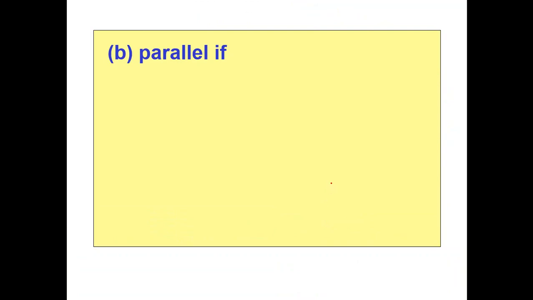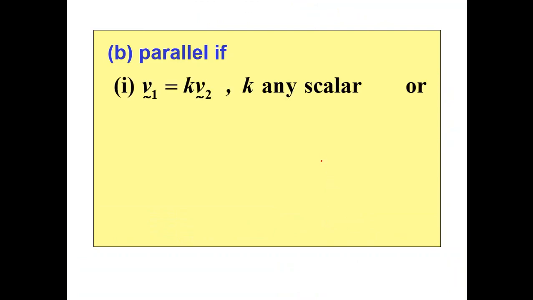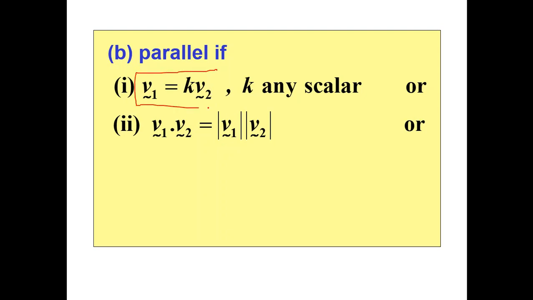When given that the two lines are parallel, you have many methods to show the two lines are parallel. Maybe the first one is to show that v1 equals k v2, where k is a constant scalar. If the two vectors can be written in this equation, we can say that the two vectors are parallel.